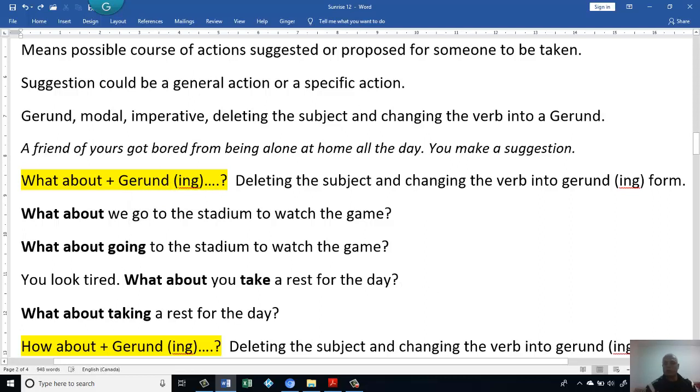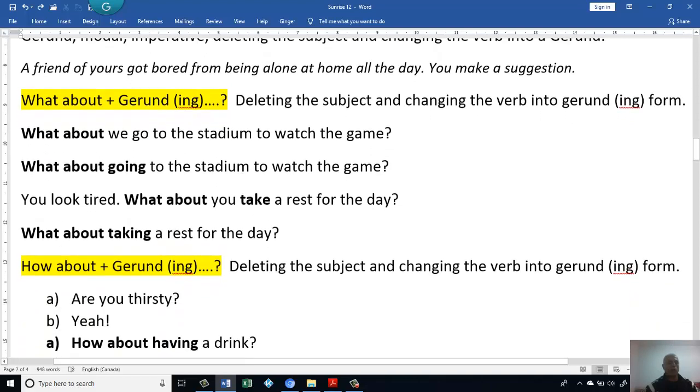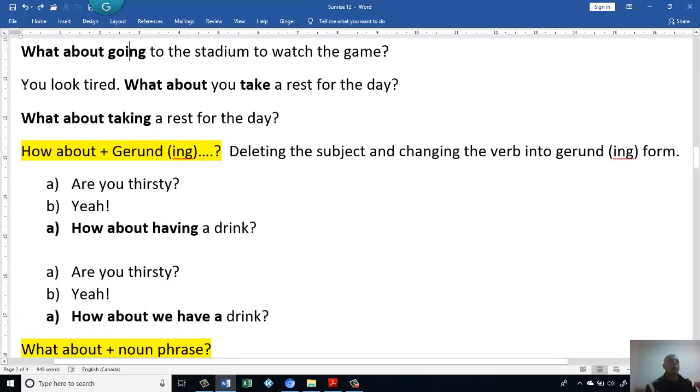Let's look at the second sentence here, shall we? "You look tired. What about you take a rest for the day?" Then a question mark. Same thing here. What about, then we have "you" as the subject, then "take" is the verb, then "a rest for the day" is the object for the sentence.